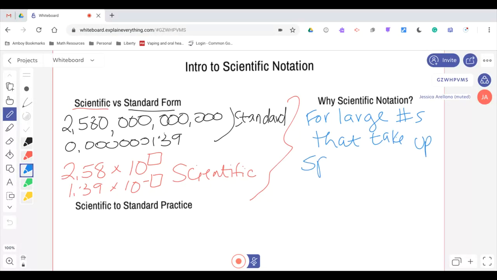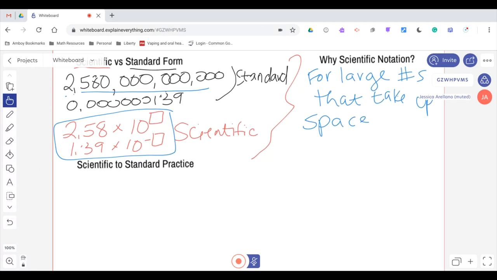Writing this is going to be a lot shorter than having to write out this huge number, especially if in a lab report you have to write the number multiple times. A lot of scientists deal with very large or very small numbers, and it's simpler to have this scientific notation that cuts down.